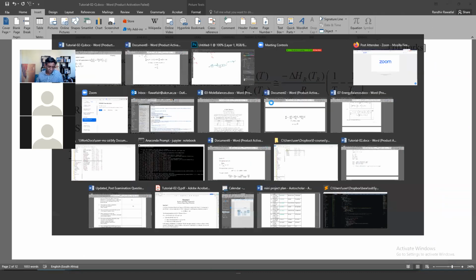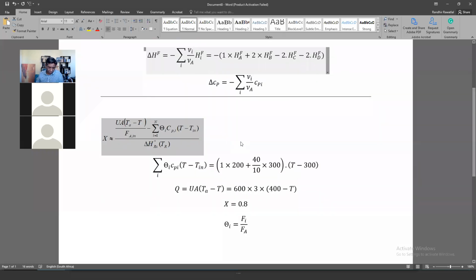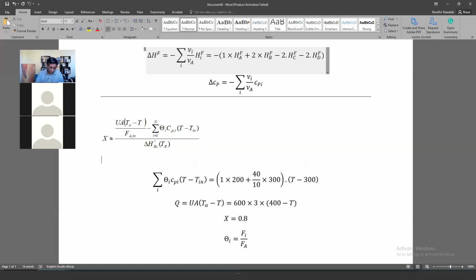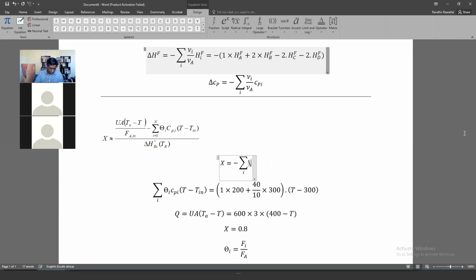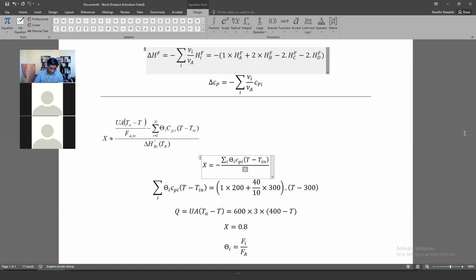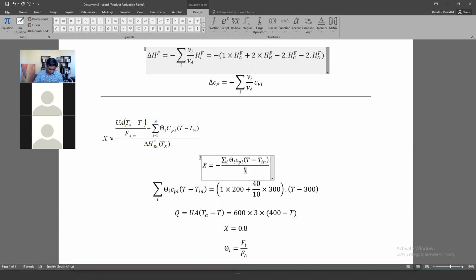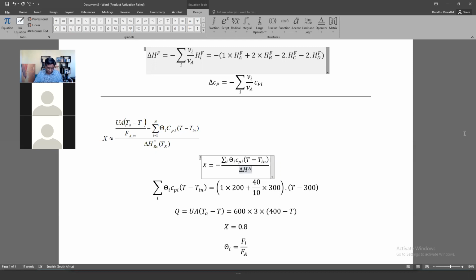Okay, can't find one, so let's just write it here. Let's write our energy balance here as X equals, and I'm writing the adiabatic version of this, so minus some beta, I, so pi, minus T in. So all that divided by delta HR.